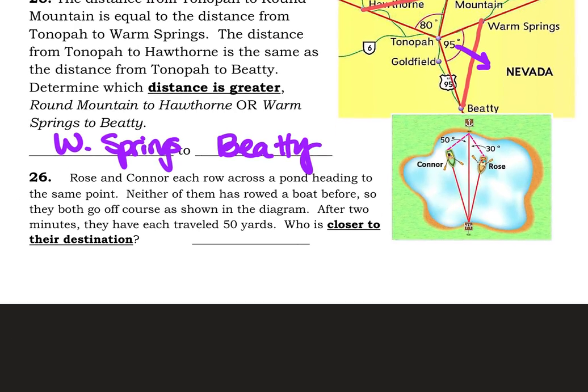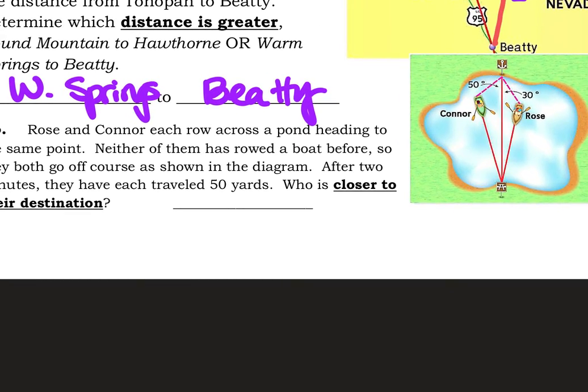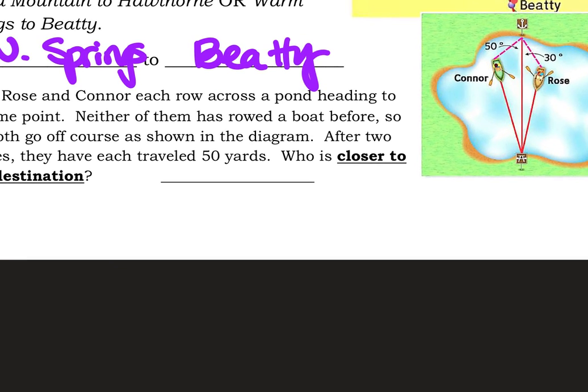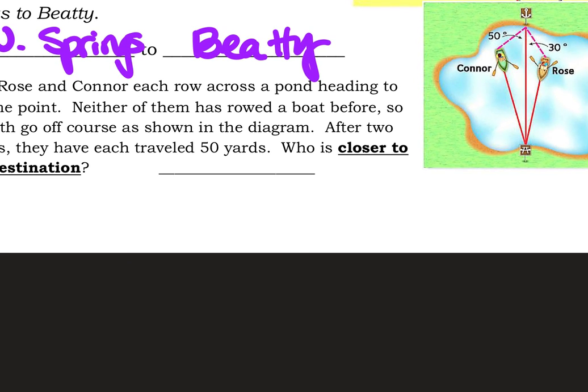The next one is like the lifeguard question. Remember I said it was tricky. Here we have Connor and Rose, and it says Rose and Connor each row across a pond heading to the same point. Neither of them has rowed a boat before, so they both go off course as shown in the diagram. After 2 minutes, they have each traveled 50 yards. Who is closer to the destination?